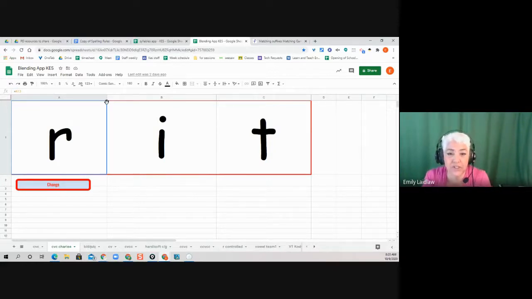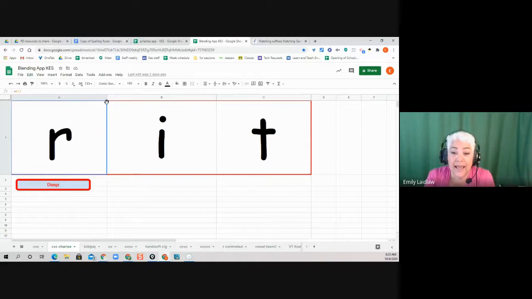So someone had asked a question earlier in the week about nonsense words. And what I'd like to say about nonsense words is that every word a child meets for the first time and looks at is a nonsense word. If they don't know it, it's a nonsense word to them. And it may be a word that they just don't know yet.